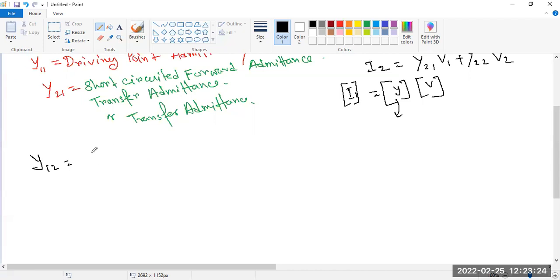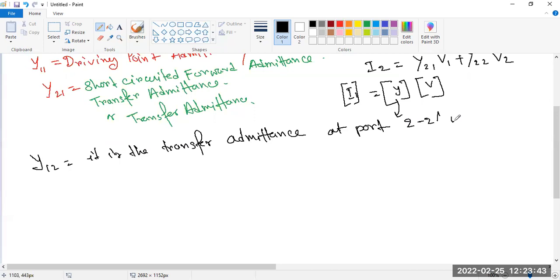It is the transfer admittance at port 2 dash with port 1 dash short.